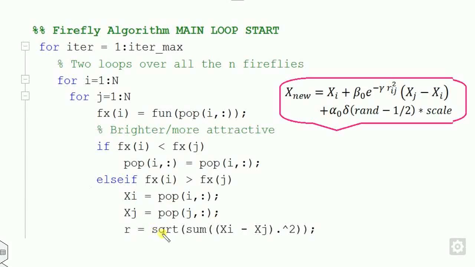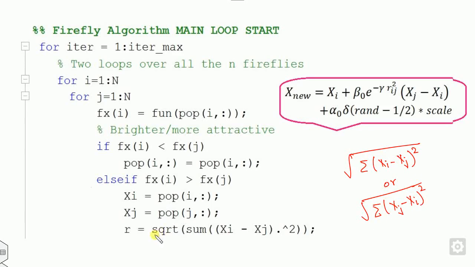Simple. r is square root of xi minus xj square, or you can write it as xj minus xi square, because it's a square quantity, so there is no problem. So square root of summation xi minus xj whole square. So that is calculated as this term.